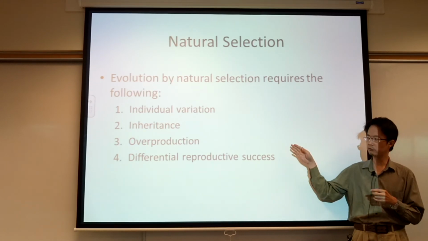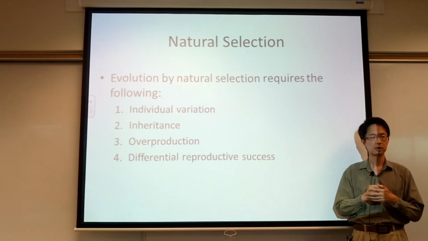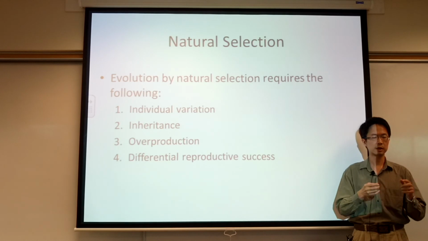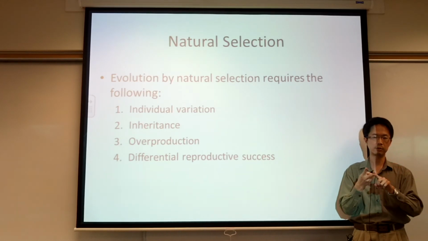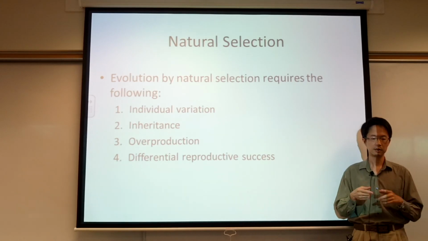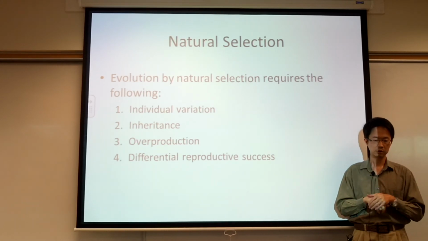So offspring who acquire this trait can survive and reproduce, and offspring that do not have this trait will reproduce less, or may not even survive. This is what we call differential reproductive success.